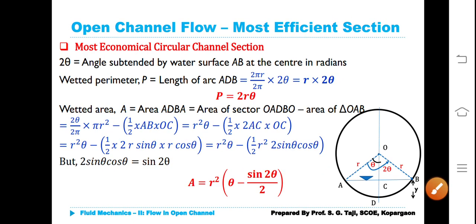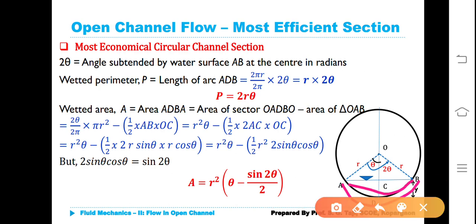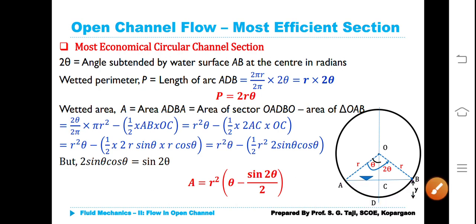We know that 2 theta, as shown in the figure, is the angle subtended by water surface AB at the center in radians. This is the water surface AB. Wetted perimeter P is equal to the length of arc ADB.